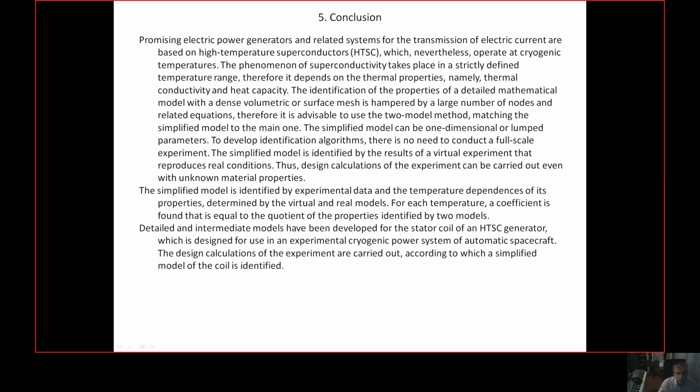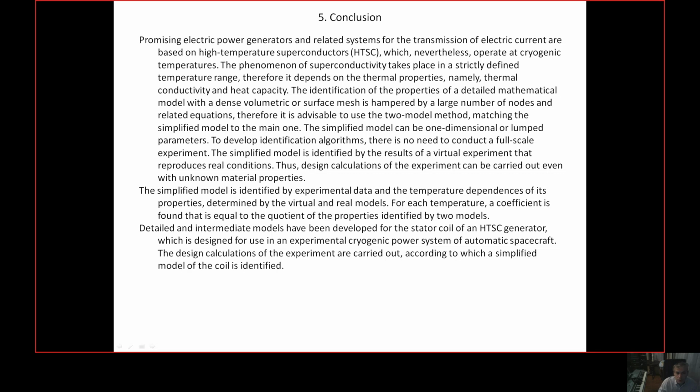Promising electric power generators and related systems for the transmission of electric current are based on high-temperature superconductors, which nevertheless operate at cryogenic temperatures. The phenomenon of superconductivity takes place in a strictly defined temperature range.